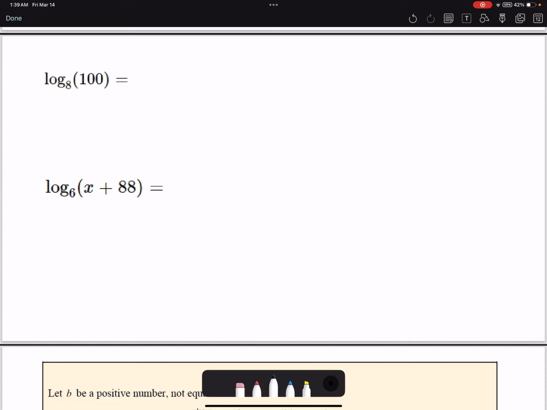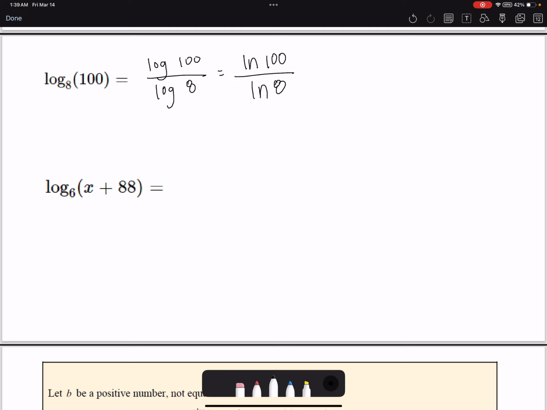Now we're going to do these problems. How would you approximate this to a decimal? We would use the change of base formula. You could do log of 100 over log of 8, or ln of 100 over ln of 8.